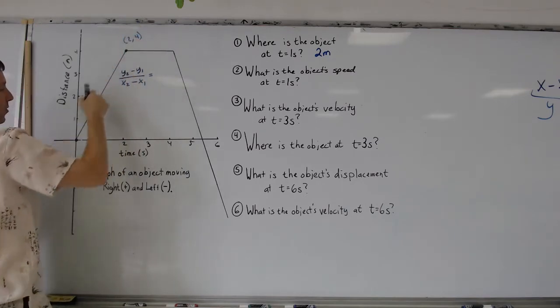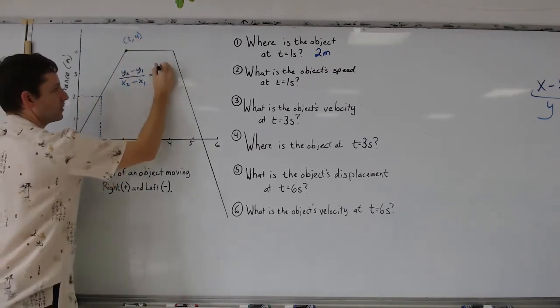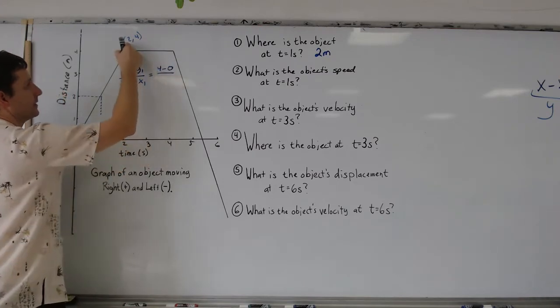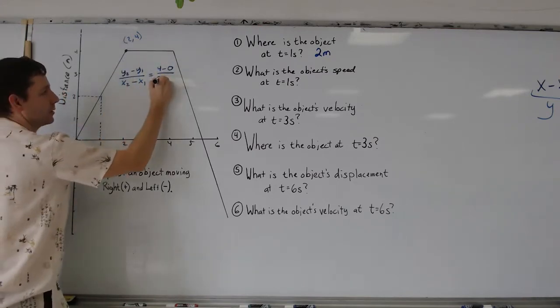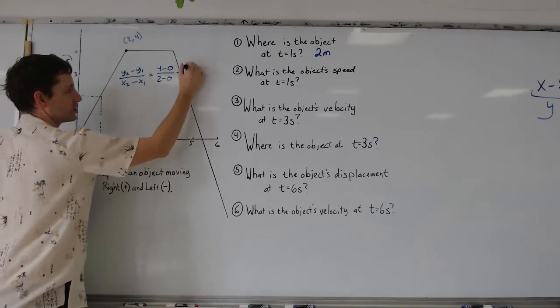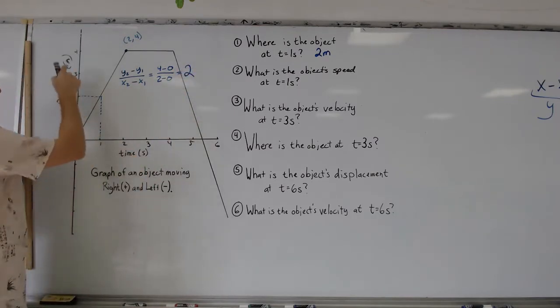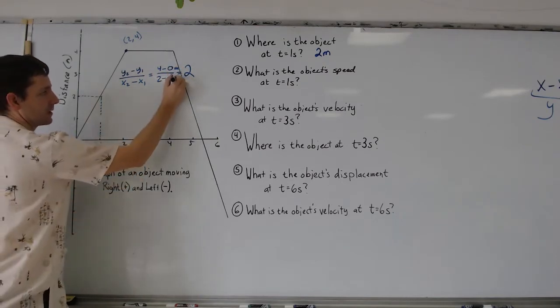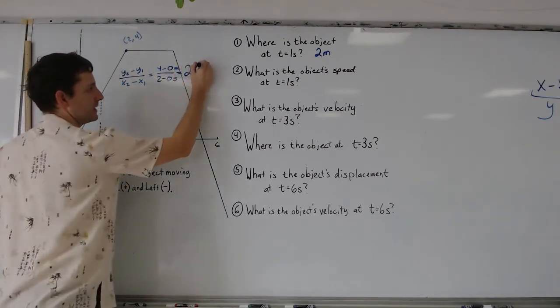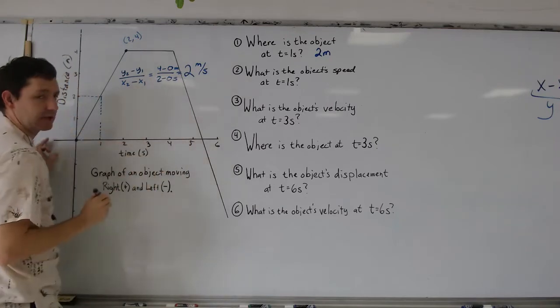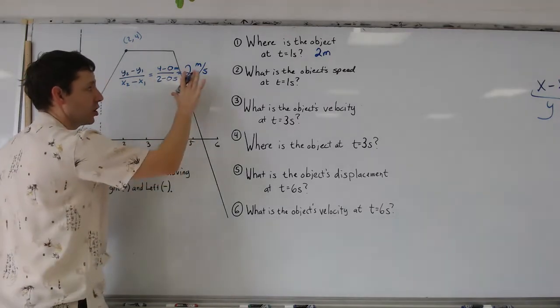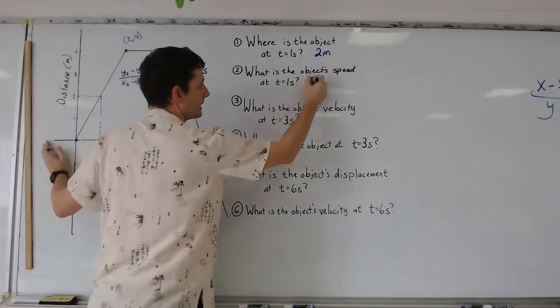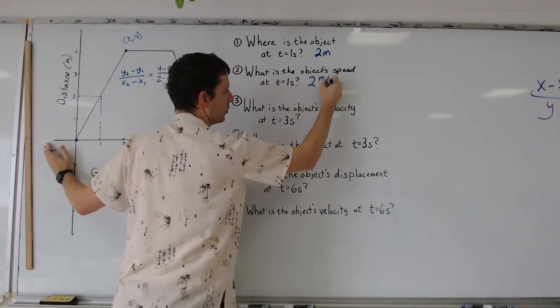So I'm going to go 4 minus 0, and then x value of 2 minus 0. And I get a slope of 2. The units are meters on the top, seconds on the bottom. So my speed is 2 meters per second. Now it's speed, so 2 meters per second is the correct answer. I don't have to do anything else with that.